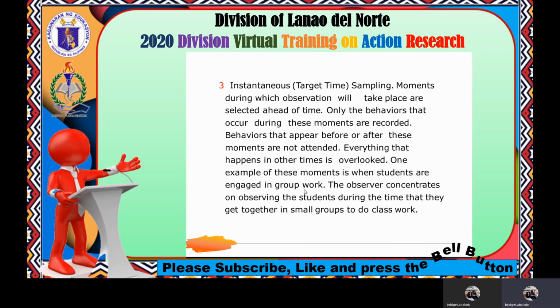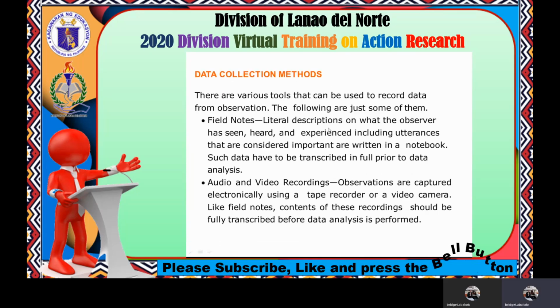Okay, so there are methods in the data collection. Literal descriptions of what the observer has seen, heard, and experienced, including utterances that are considered important, are written in a notebook.